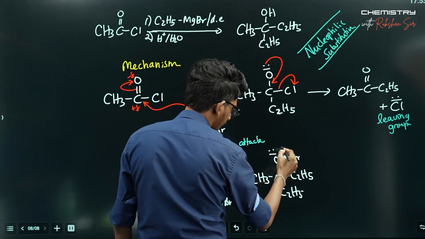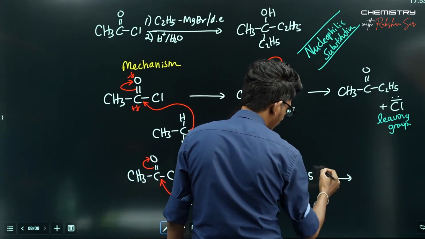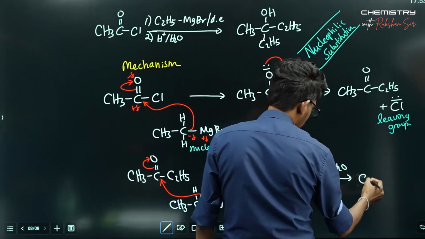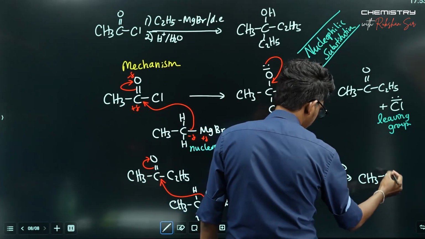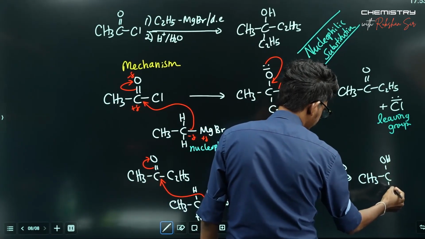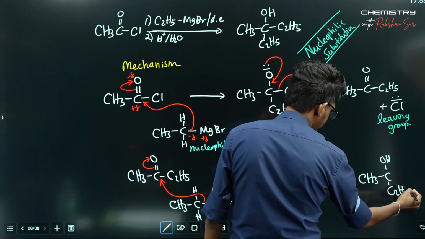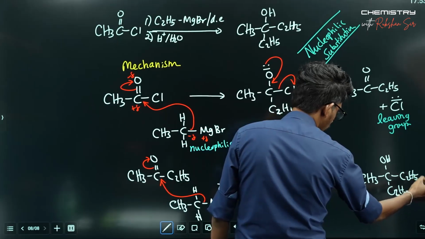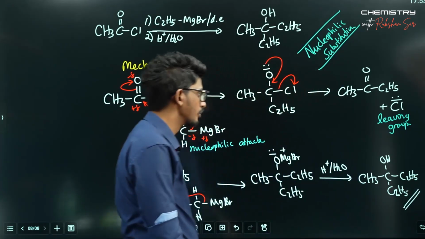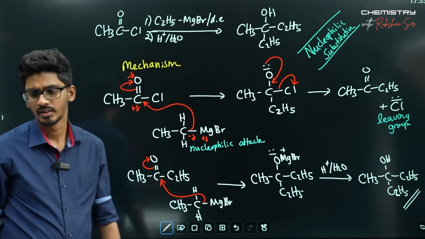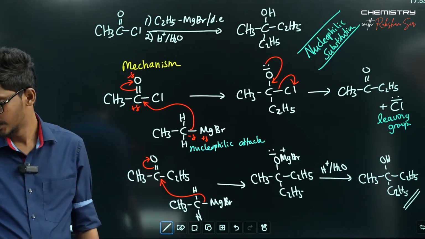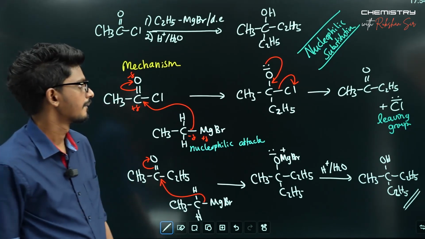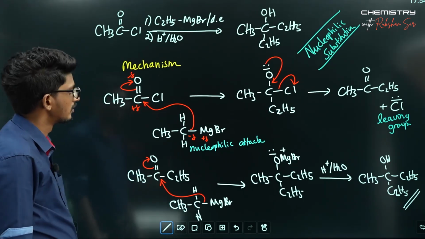Ultimately, when you are adding H plus H2O, this will form a tertiary alcohol with two groups from the Grignard. Right, that is the mechanism.